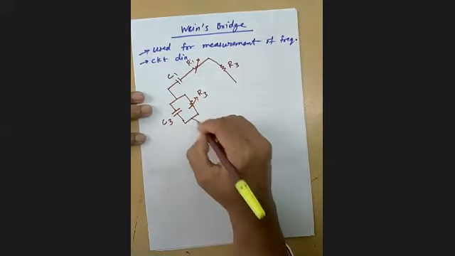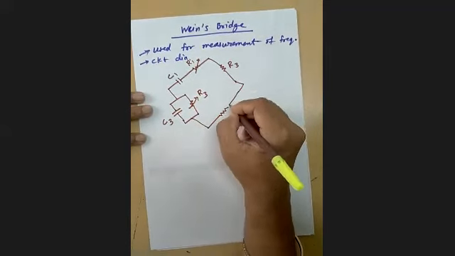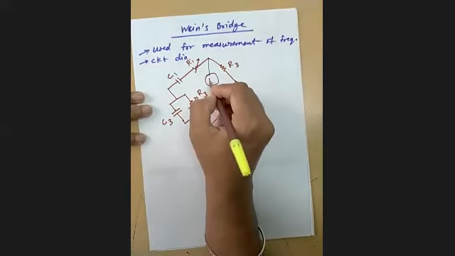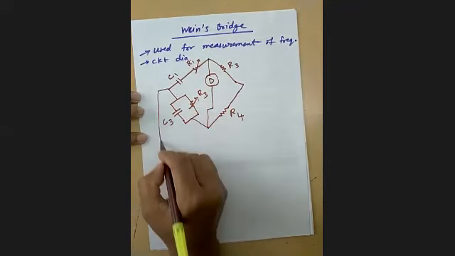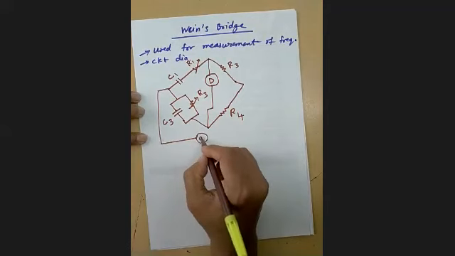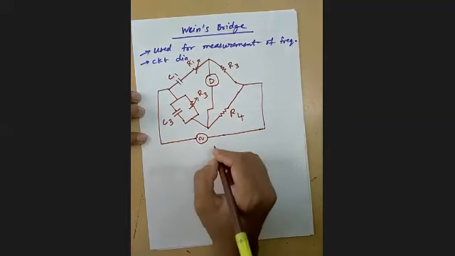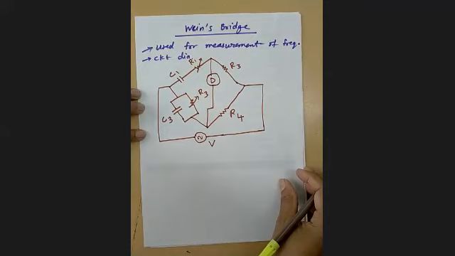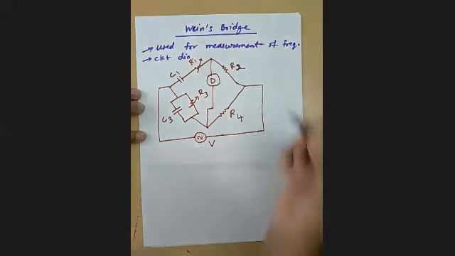A parallel combination is connected here. And then R4. In between these two arms, the detector, or you can say galvanometer, is connected. And between these two arms, the AC signal is connected, a particular AC sine wave. This must be R2.